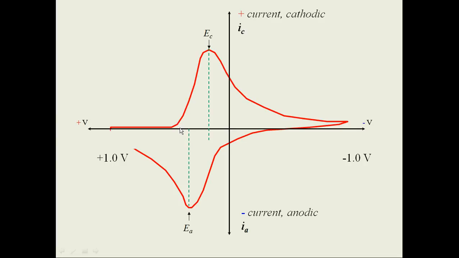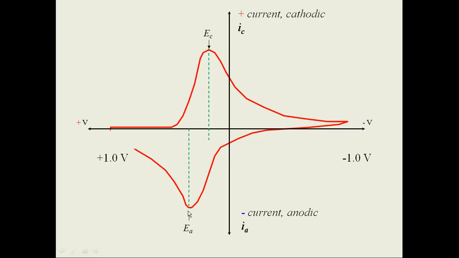At this potential reduction of the analyte starts, and here is the maxima, where the maximum number of analyte reduces, and then it decreases again. Once the analyte is completely reduced, increasing the potential causes oxidation of that reduced species.